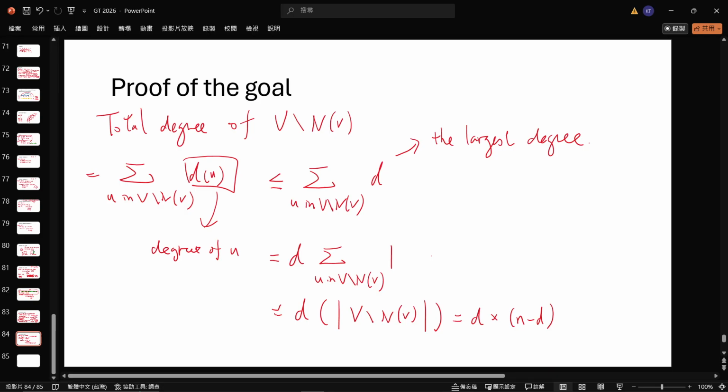I'm not sure which vertex, but I know that since this is a vertex in a triangle-free graph, this is at most d. Good. So anytime you have any question, just ask. I think this definitely helps our students.